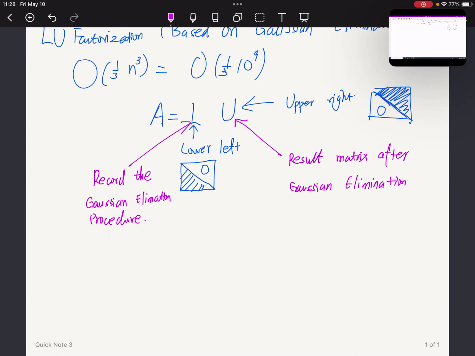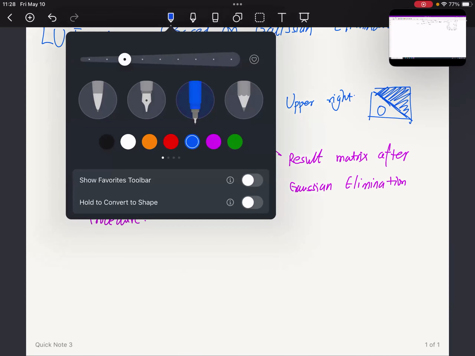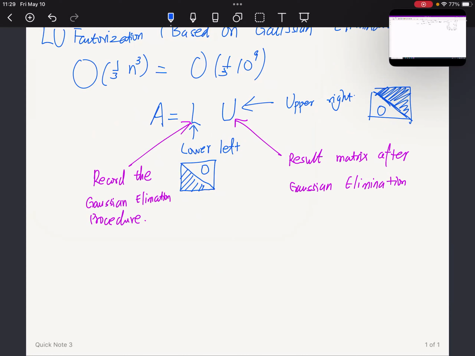So now I'm going to give you one example of how to decompose the A into L and U. This is the example here.